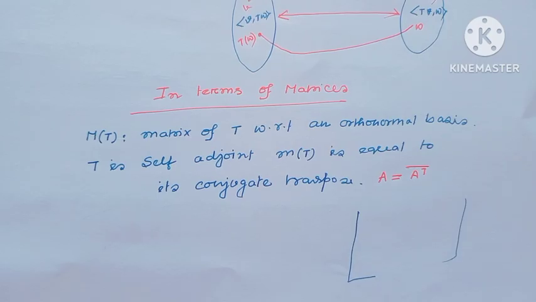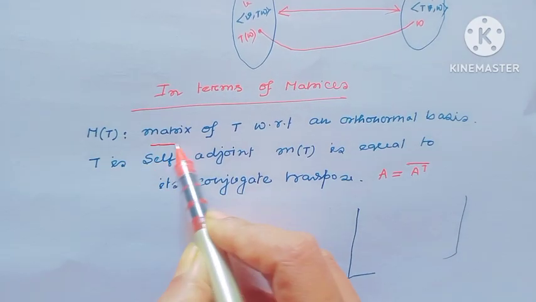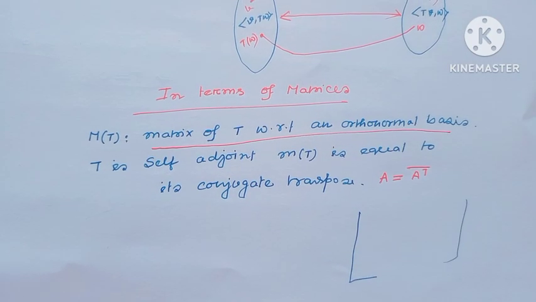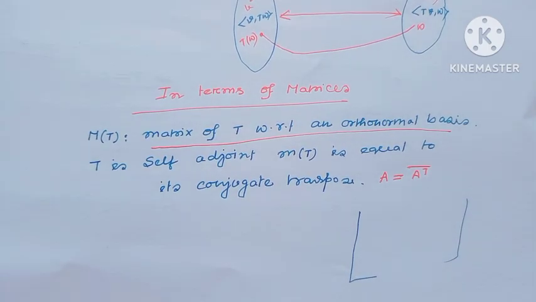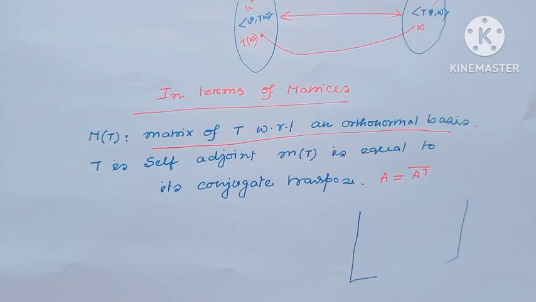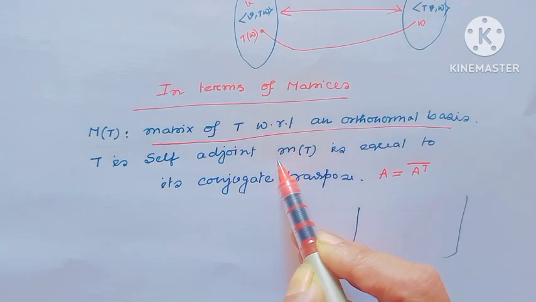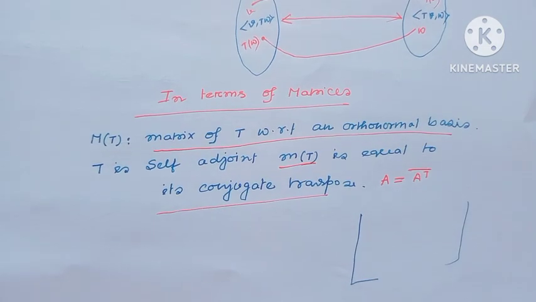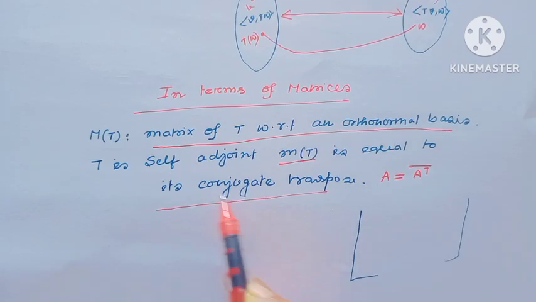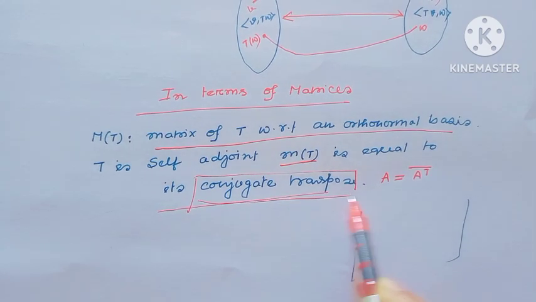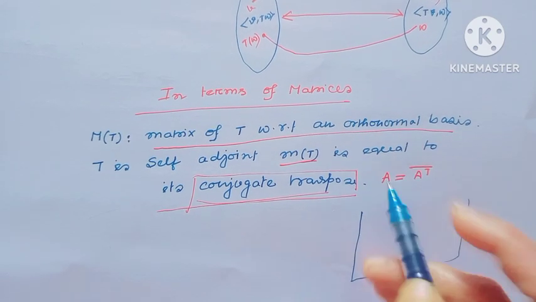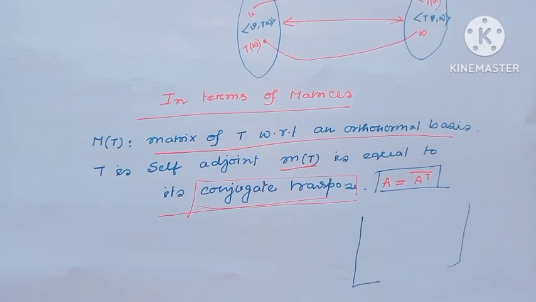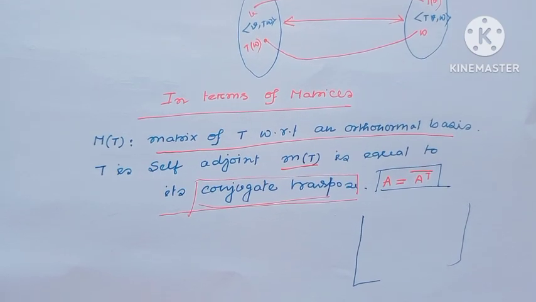M(T), which is the matrix of T with respect to an orthonormal basis. When T is a self-adjoint operator, then M(T) is equal to its conjugate transpose. That means A equals A transpose bar.